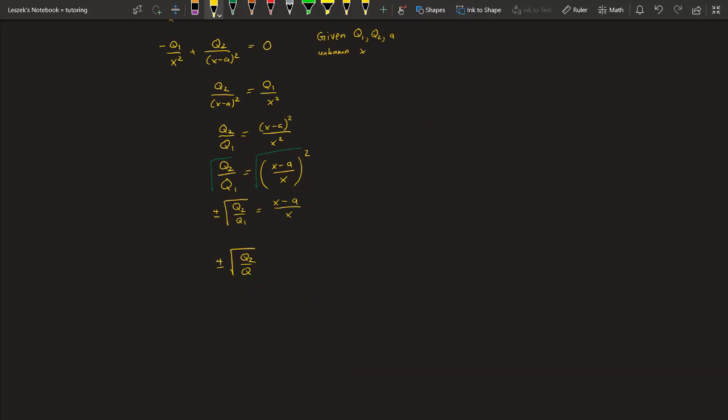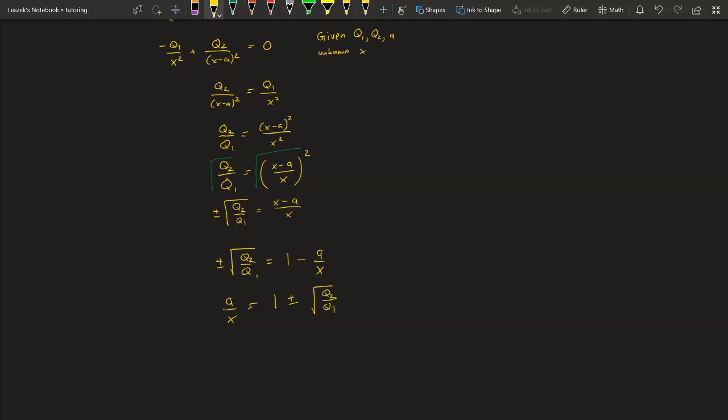Also, the term in the denominator, x, can divide the two terms in the numerator on the right. So we get x divided by x is 1, minus a divided by x. So a divided by x will be 1 plus or minus the square root of q2 divided by q1.